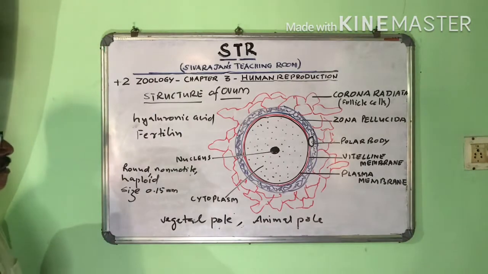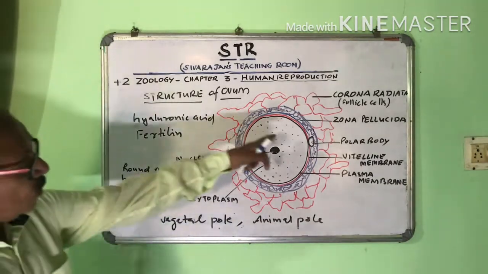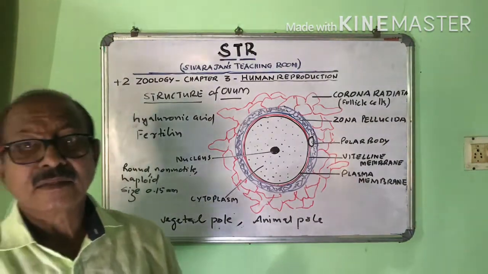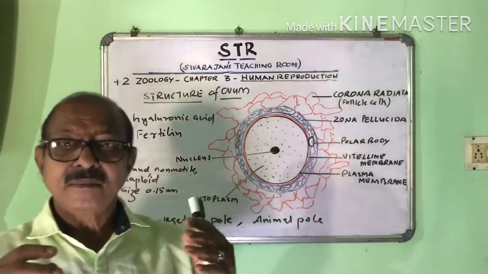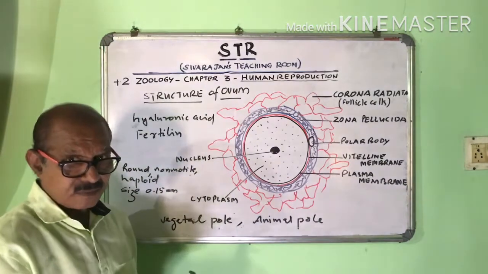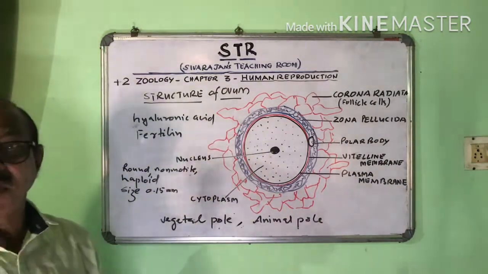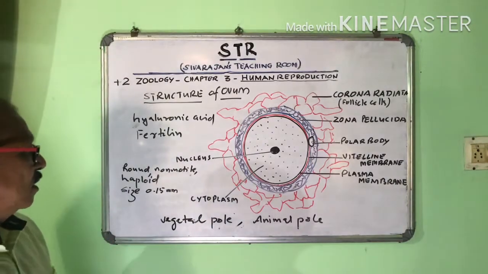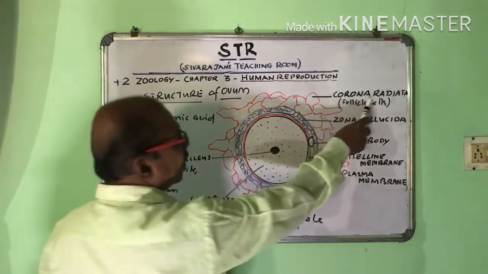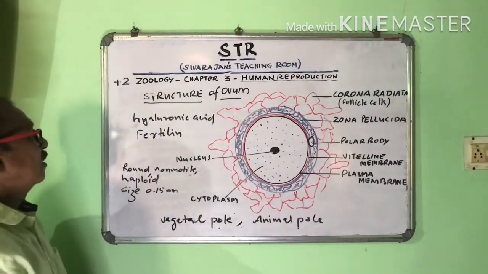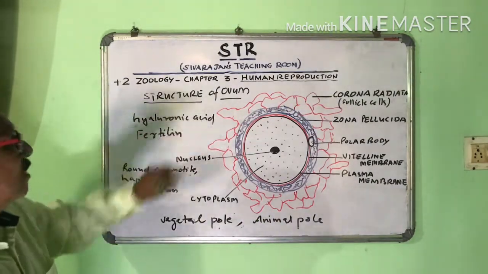And again, see, one ovum will be surrounded by thousands of, rather lakhs of sperms. Each sperm is trying to get into the ovum, but only one sperm can get into it. See, the cells in the corona radiata secrete hyaluronic acid.